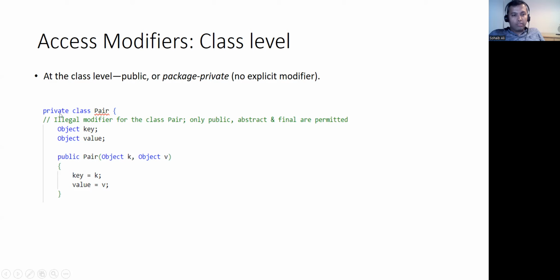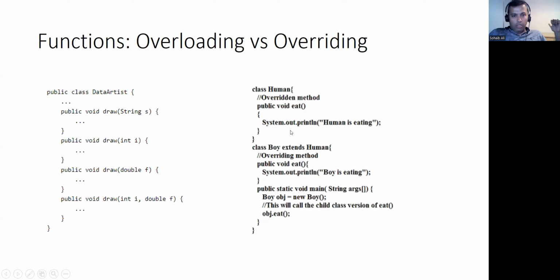So now if I say that this is a private class, the compiler throws me an error saying that you can only have public, abstract, and final keywords. We will see how these keywords work, but just to wrap up, you can have abstract classes as well, and you can have final classes, those classes which are not to be inherited further down the hierarchy.